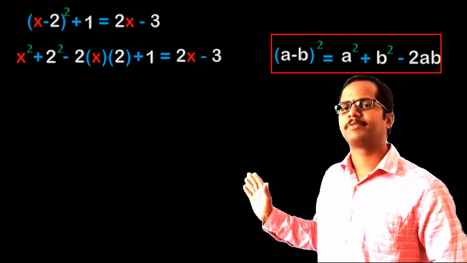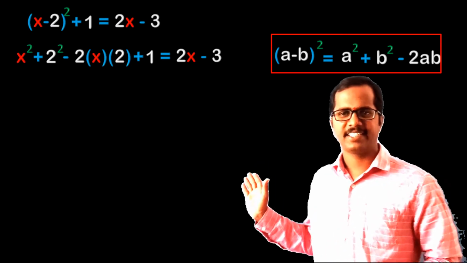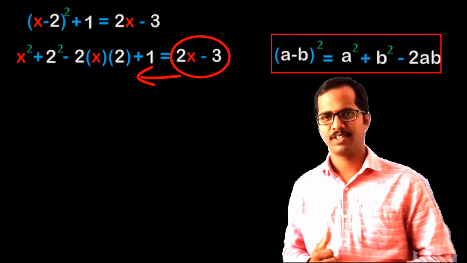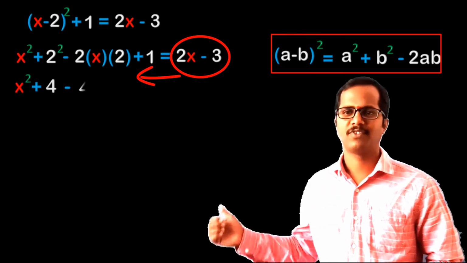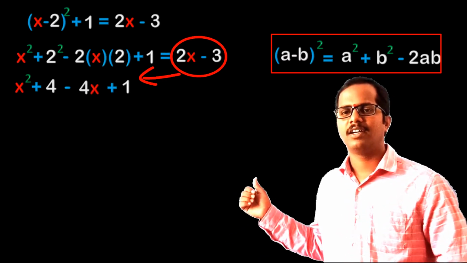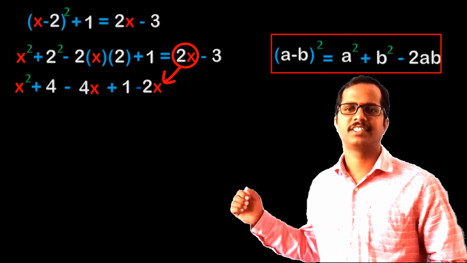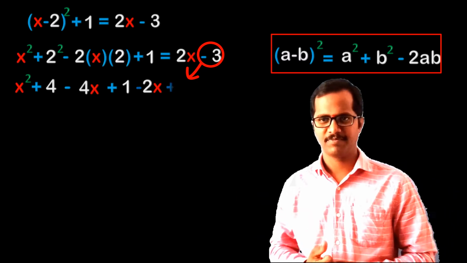Now transpose the right hand side part to the left hand side. By transposing we get x square plus 4 minus 4x plus 1. This 2x will become minus 2x and minus 3 will become plus 3.